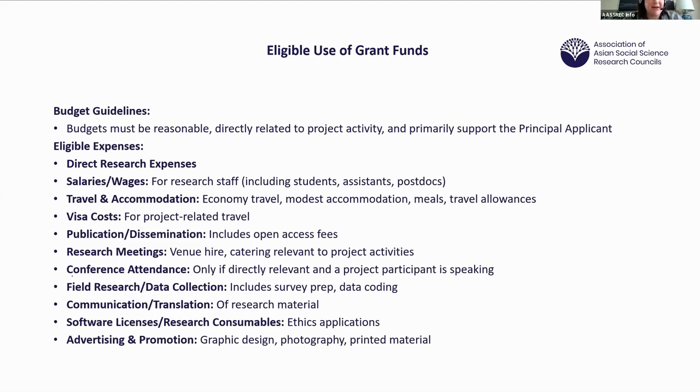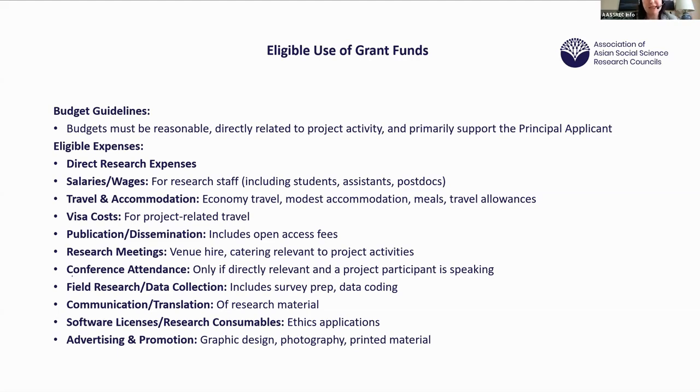These are all outlined in the guidelines, but in terms of the funds and eligible use of grant funds, the proposed budget needs to be reasonable, directly related to the project activity, and primarily support the principal applicant. And eligible expenses include direct research expenses such as salaries and wages for research staff, travel and accommodation, visa costs, publication and dissemination fees, the costs of hosting meetings.